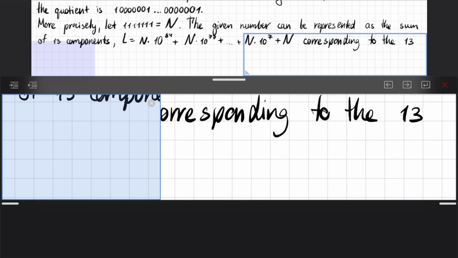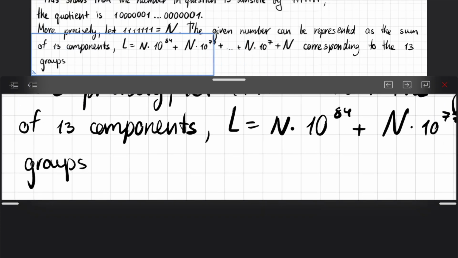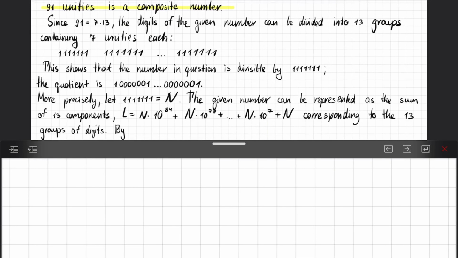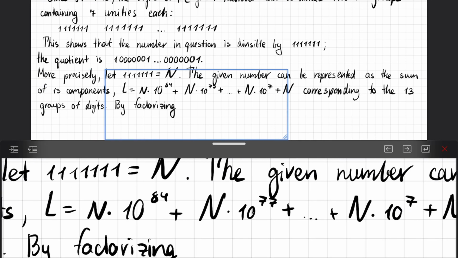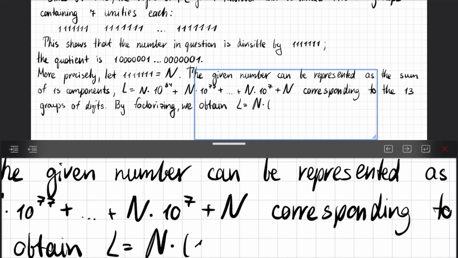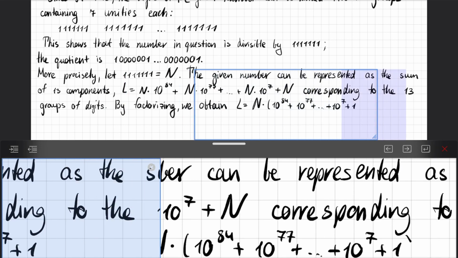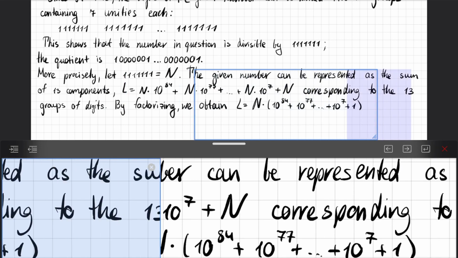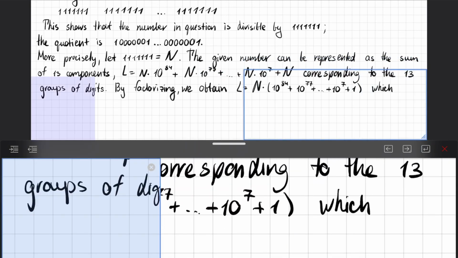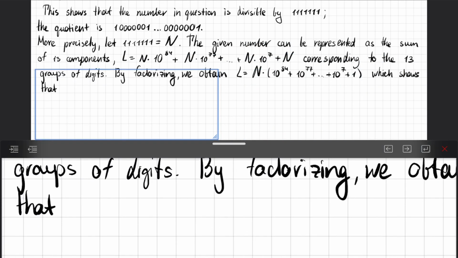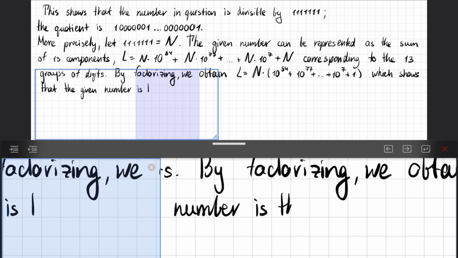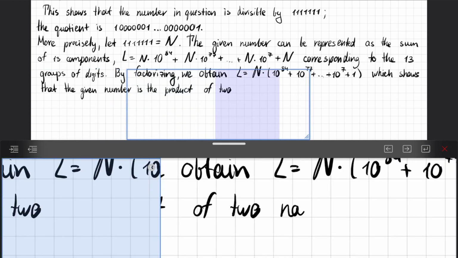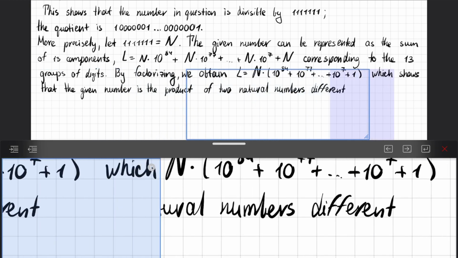By factorizing, we obtain that L equal n times 10 to the power of 84 plus 10 to the power of 77 plus and so on plus 10 to the power of 7 and plus 1, which shows that the given number is a product of two natural numbers different from 1.